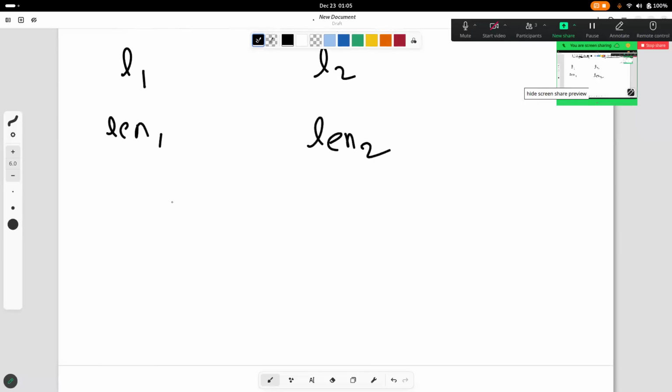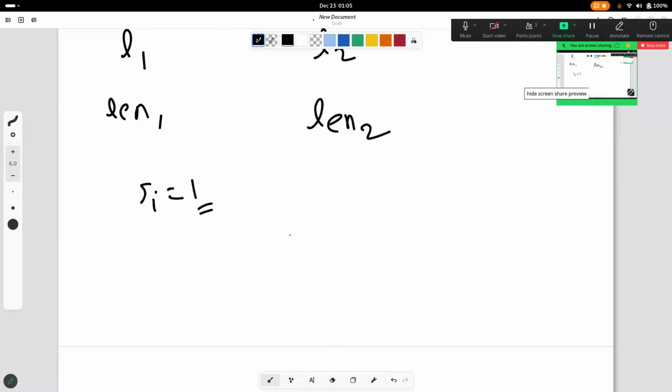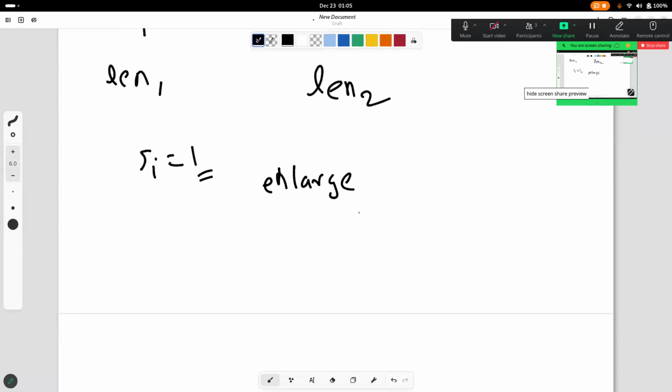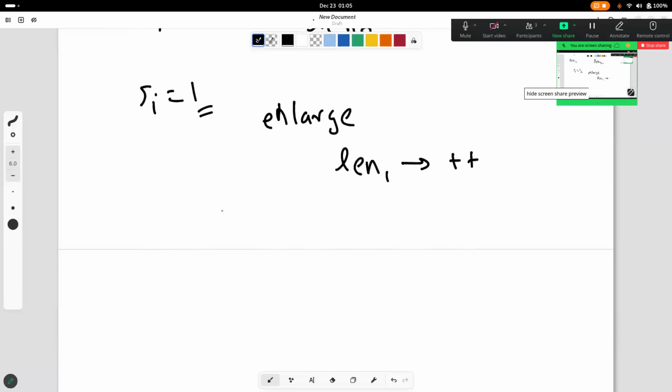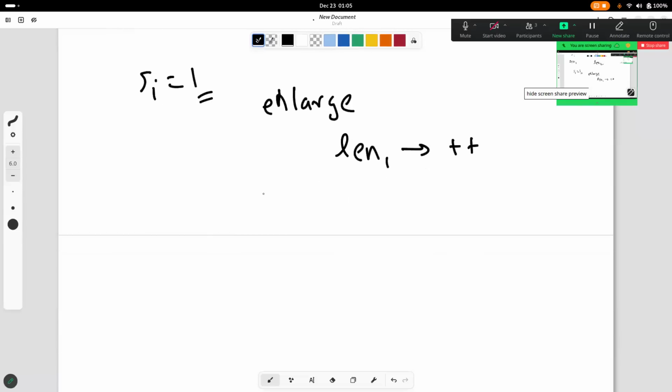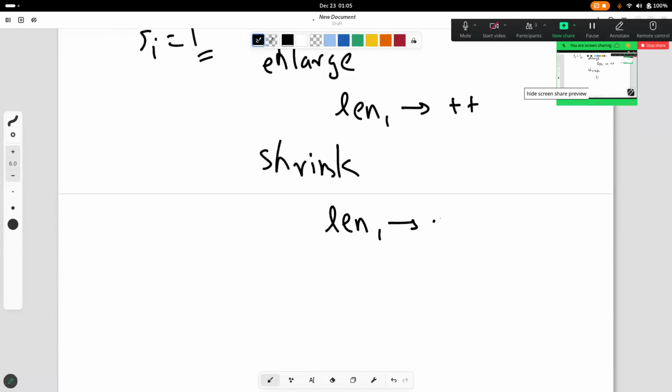Now iterate over all the queries. If the query is for S of I equal to 1, and it's an enlarge query, what happens in this case? Well, the length of the first snake is incremented. If it's not an enlarge query, but rather a shrink query, in that case, first your length is decremented, and then your L, the point where your snake starts, is incremented.